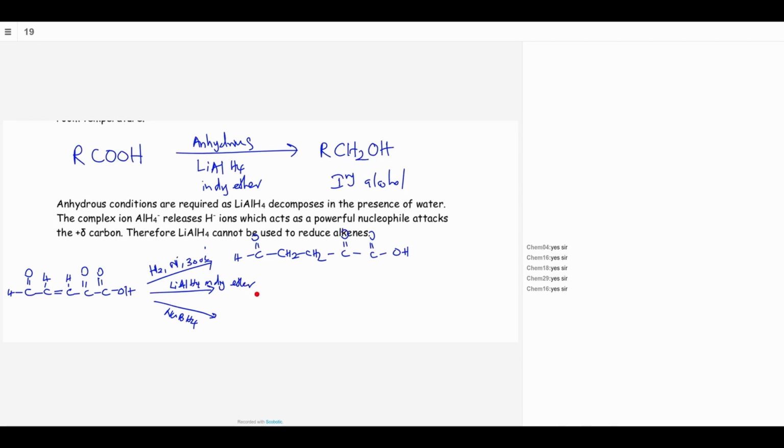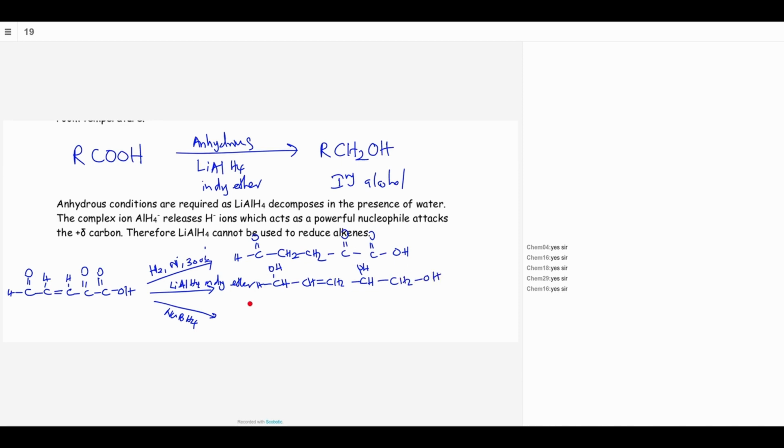As for lithium aluminium hydride in dry ether conditions, you can reduce everything, any carbonyl group. So this turns to OH, CH2, but not the double bond. Ketones turn to secondary alcohol. Aldehyde turns to primary alcohol. The carboxylic end also turns to primary alcohol.